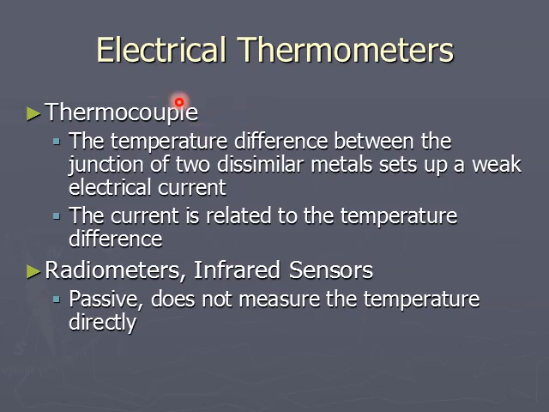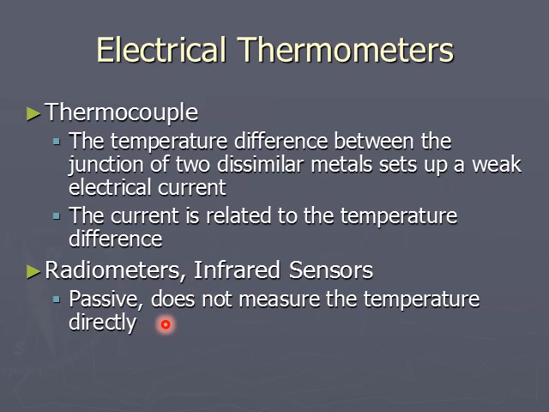There's a device called a thermocouple. Basically, the temperature difference between the junction of two dissimilar metals creates a weak electrical current. You measure that current, you can determine the temperature difference, and that will allow you to determine the temperature. You also have radiometers and infrared sensors.